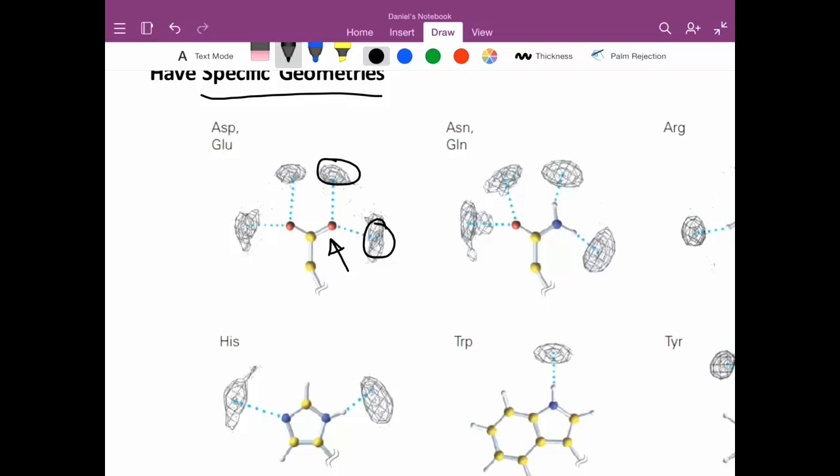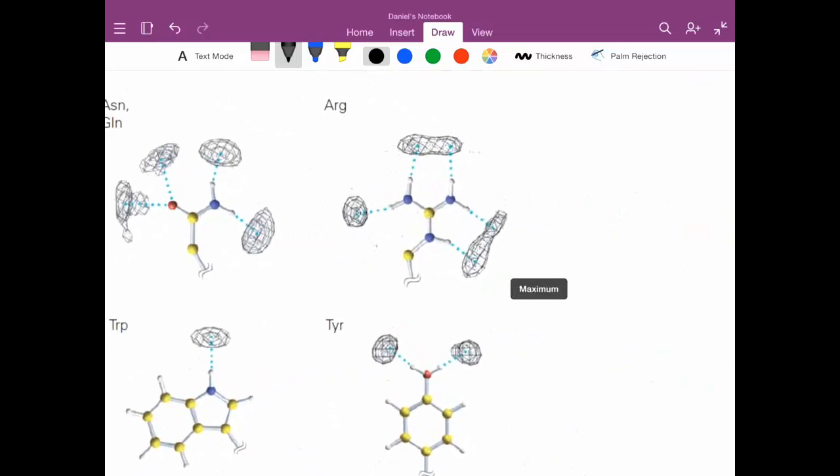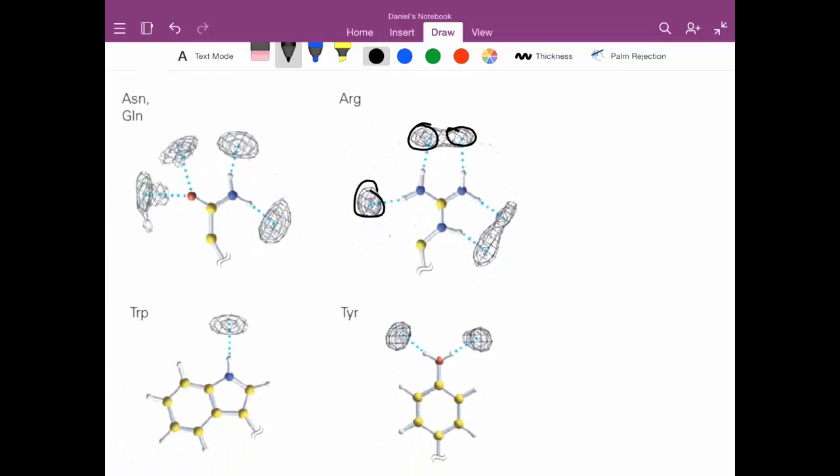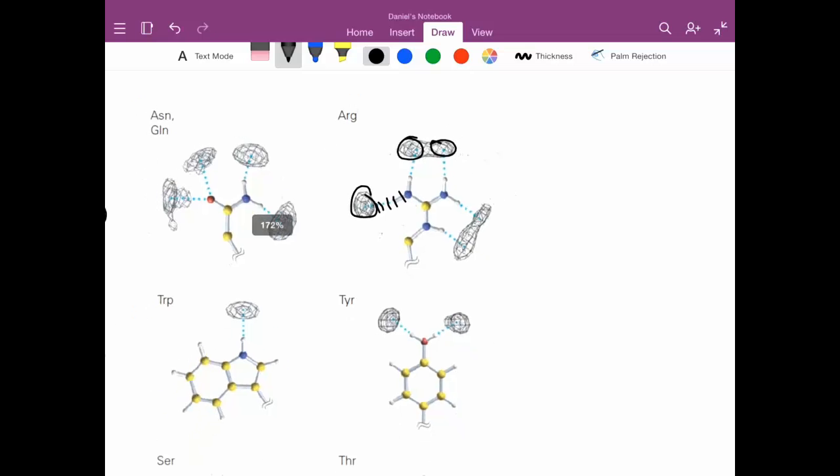So if we take a look at the arginine over here, you can see the most common location of hydrogen bond acceptors are specifically here. So if you take a look at the arginine, it's what you would expect. It's this sort of collinear location for the acceptor.